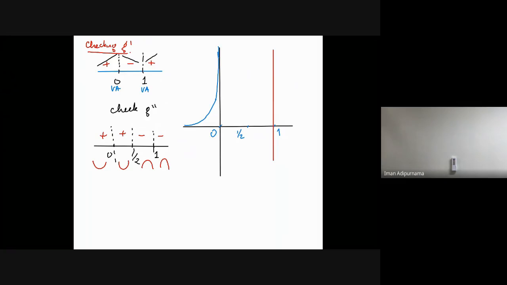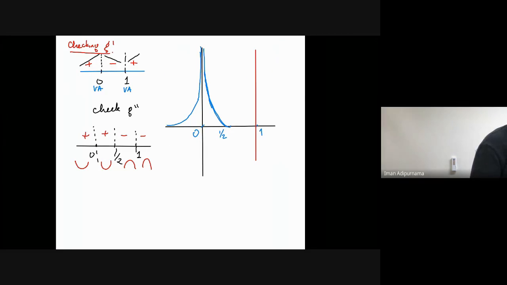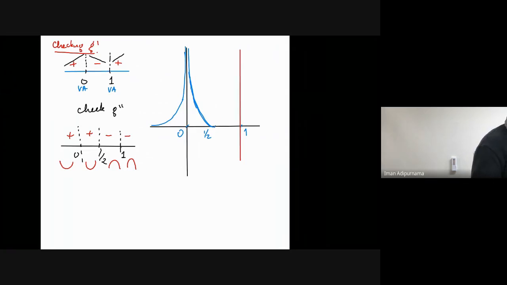It's upwards, and it's still upwards in between 0 and half. But from 0 until 1 it should be going down. So it's going down, but still upwards. Near the half, it will be changing like x cubed. It's the inflection. So it's still going down, and then changes to negative, meaning it will be downwards.